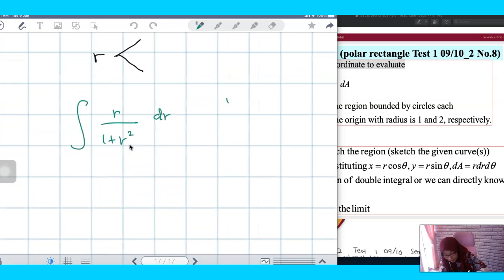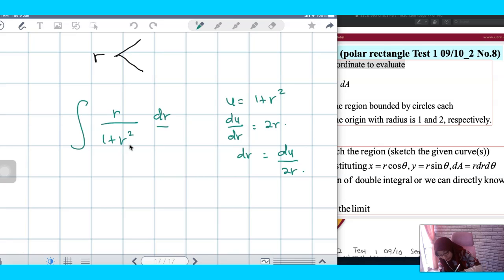So now we let u equal to 1 plus r squared. Then you need to replace the dr there, so you differentiate: du over dr is equal to 2r. So now your dr is du over 2r.